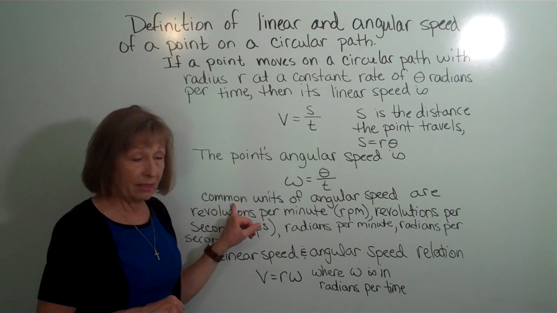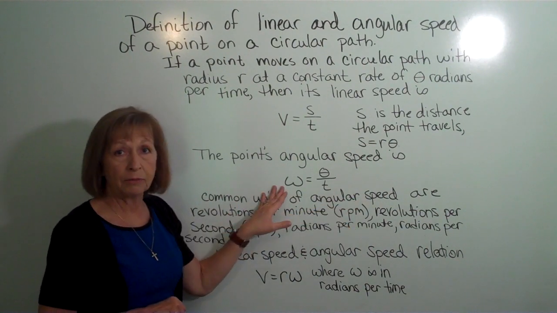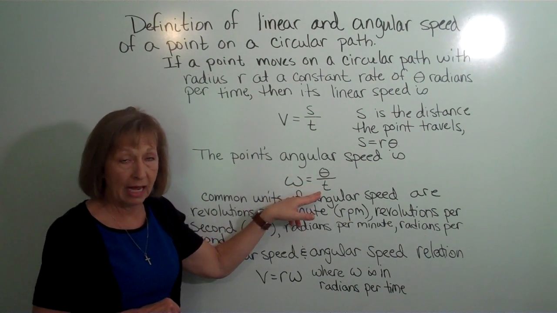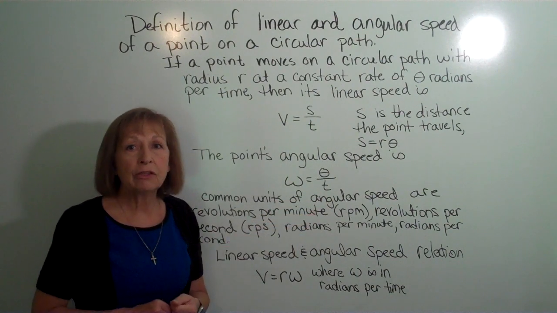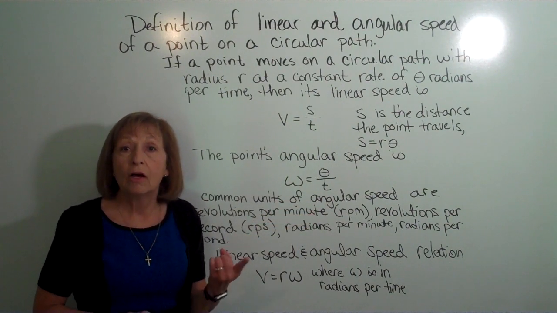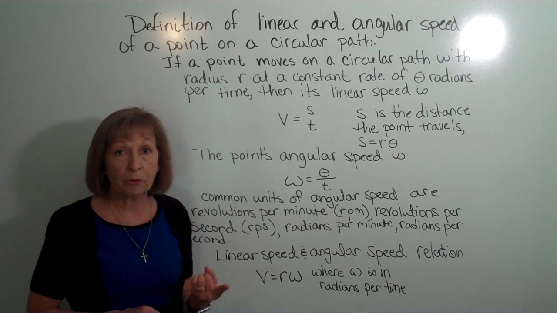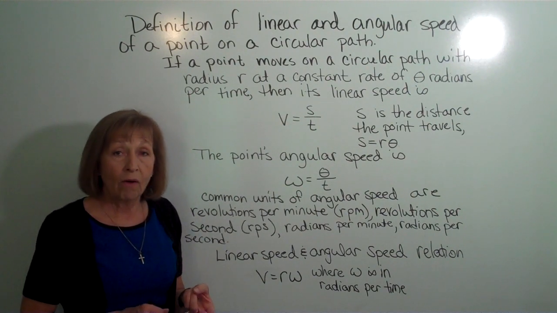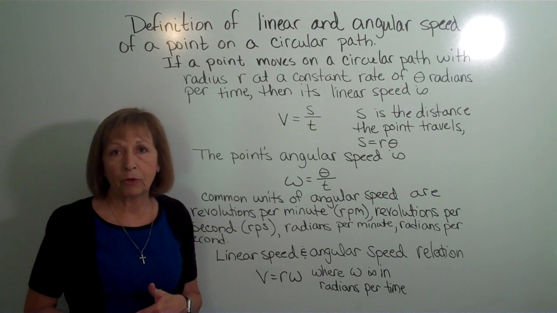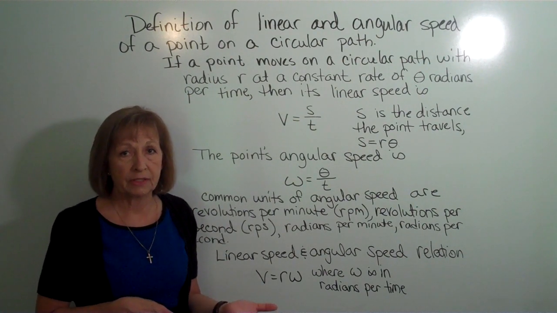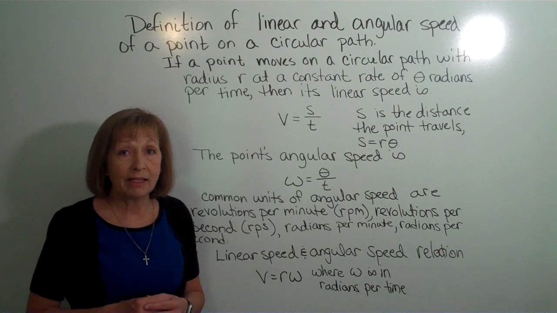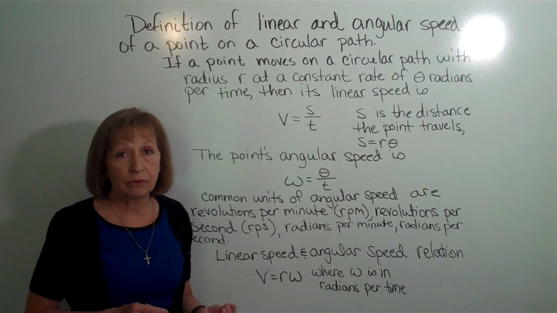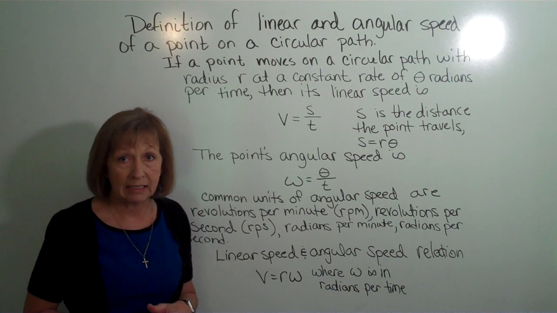So our common units of angular speed, when I'm talking about omega, the angle per whatever time we're using, usually those measurements are like RPM, revolutions per minute, or revolutions per second, or radians per minute or radians per second. Just from convention, if they say RPM, they mean revolutions per minute. They don't mean radians per minute.